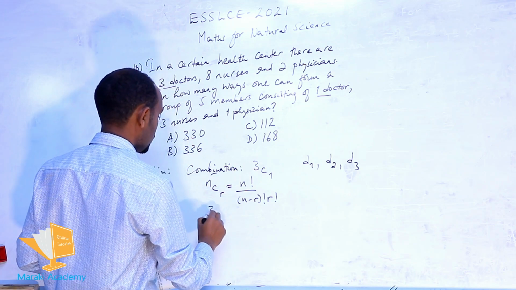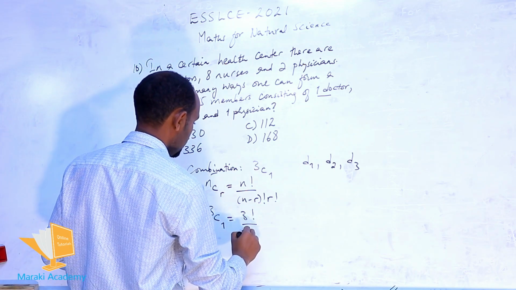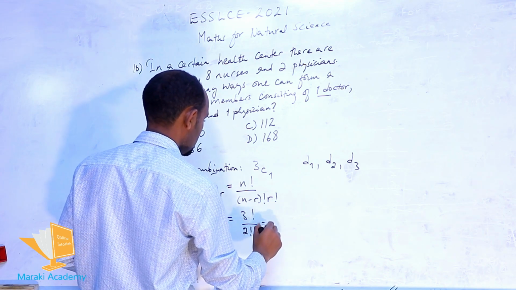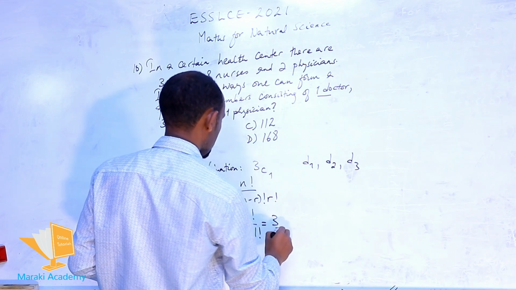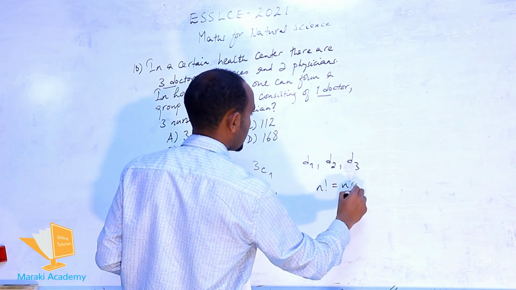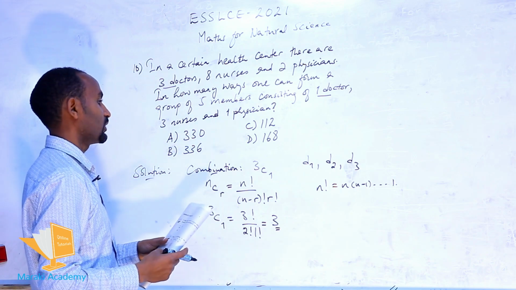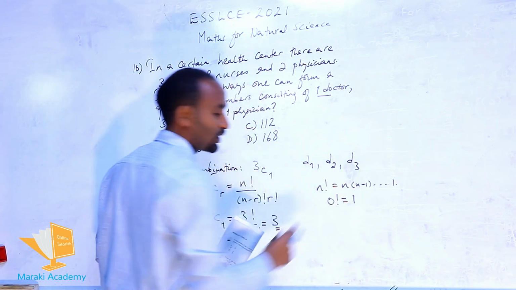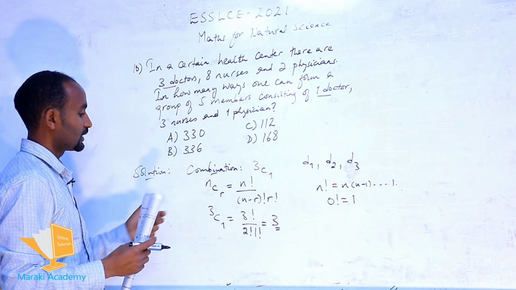So 3 combination 1 is 3 factorial divided by 3 minus 1, 2 factorial, times 1 factorial. So this is 3 times 2 factorial over 2 factorial, the answer is 3. What is the formula for n factorial? n times n minus 1 times down to 1, decreasing each time. Don't forget that 0 factorial is defined to be 1, by definition.